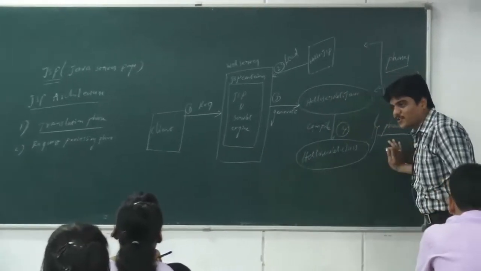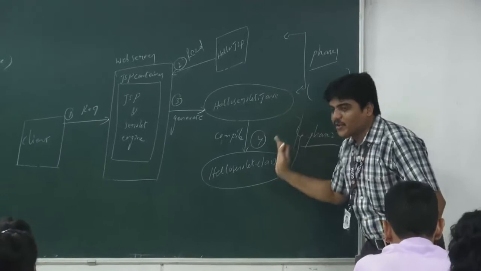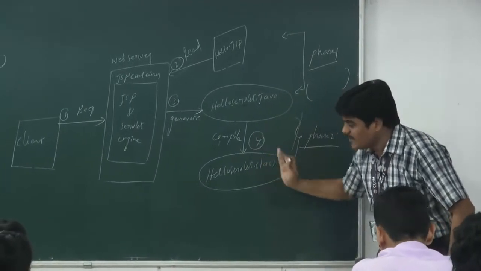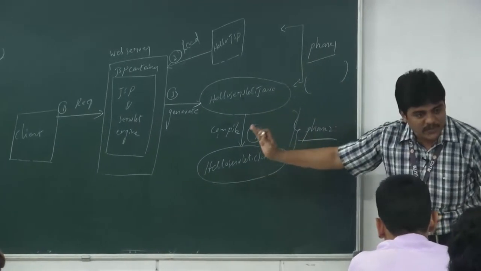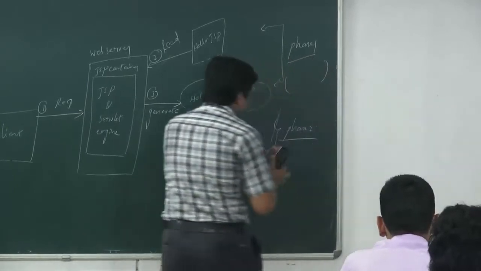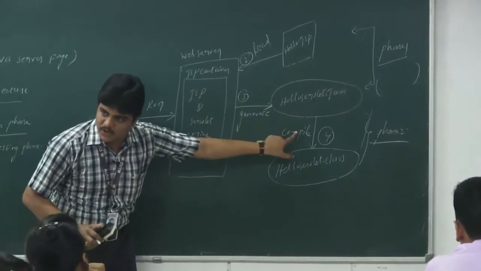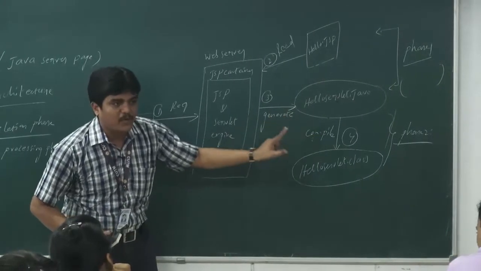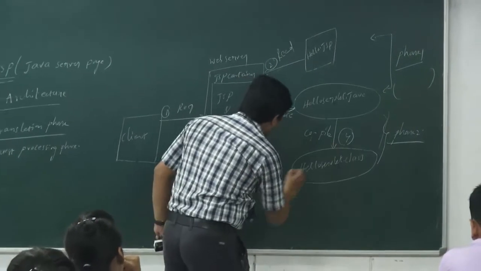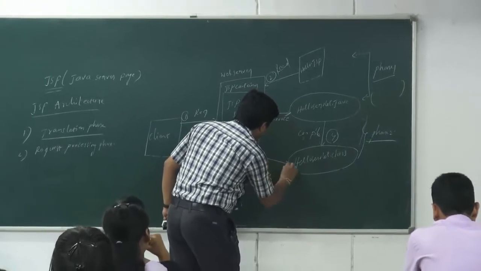So in phase 2, a servlet engine compiles the servlet code as well as executes the servlet code. That is the fourth step, and after that it executes this one.